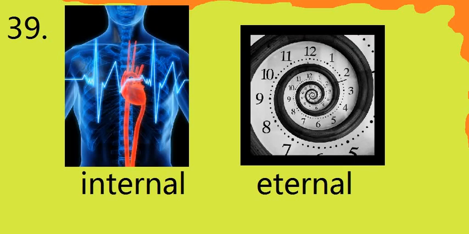Next we have internal and eternal. They sound very similar, just the beginning is different. Internal means something is inside, whereas eternal means it goes on forever. So internal, eternal. And some people say it one way, some say another. Either one is okay.